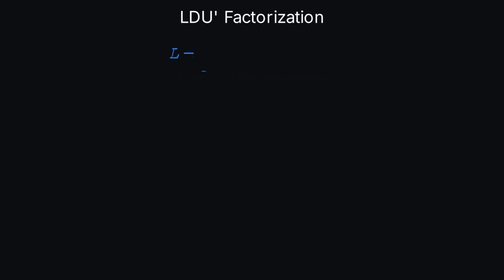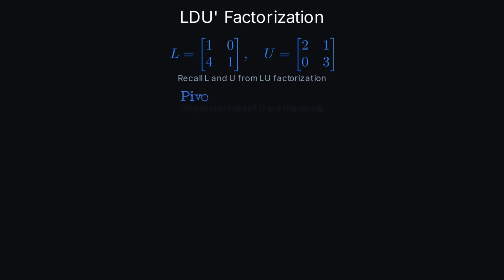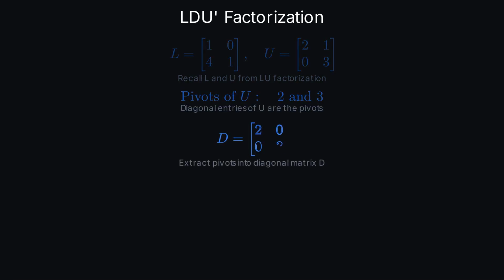Let's return to the 2 by 2 example from before. We had L equals the matrix 1, 0, 4, 1, and U equals the matrix 2, 1, 0, 3. Now we'll extract the pivots from U into a diagonal matrix D. The pivots are the diagonal entries of U, which are 2 and 3, so D equals the matrix 2, 0, 0, 3.